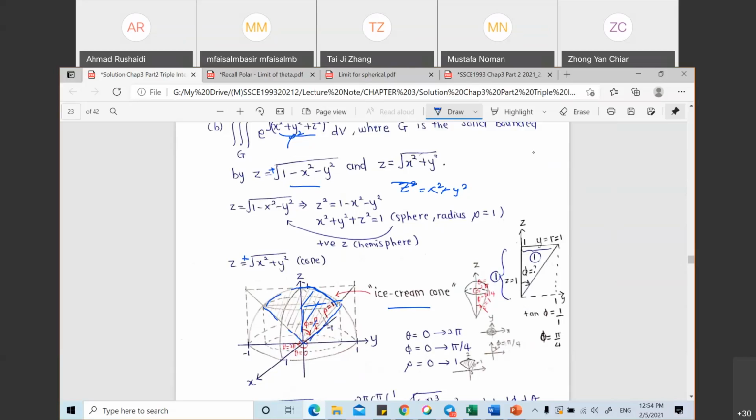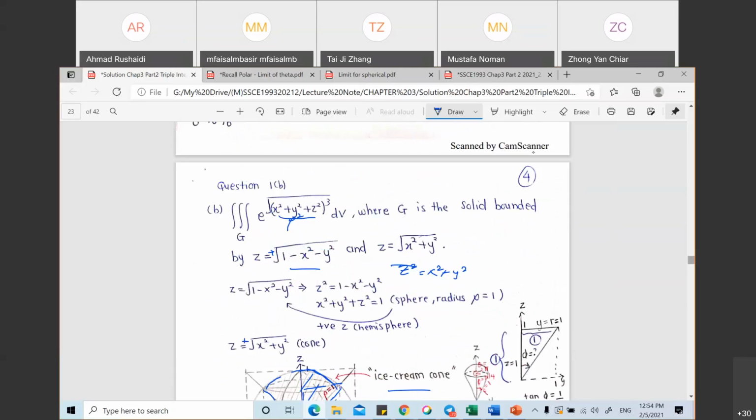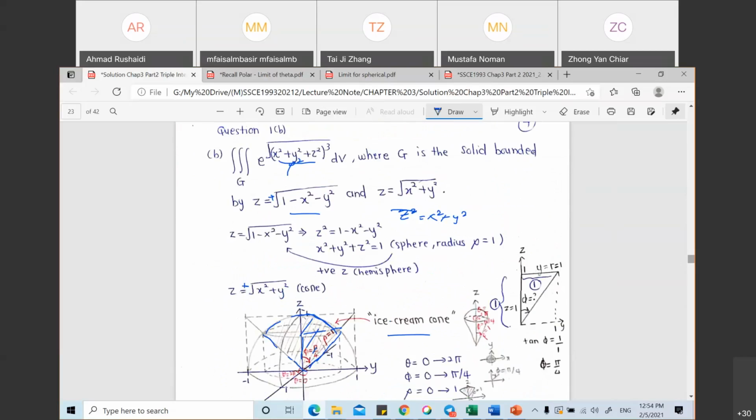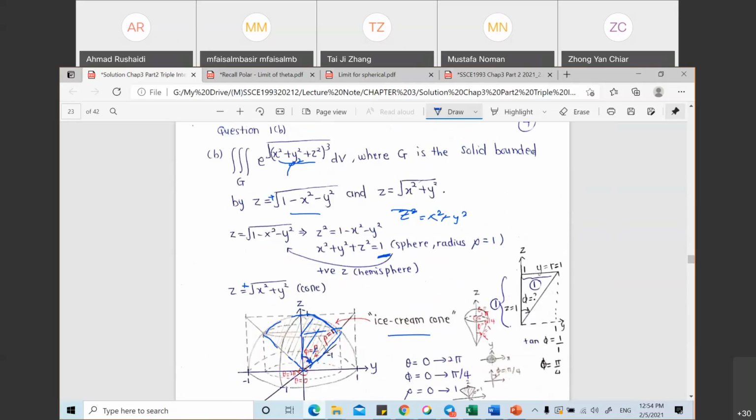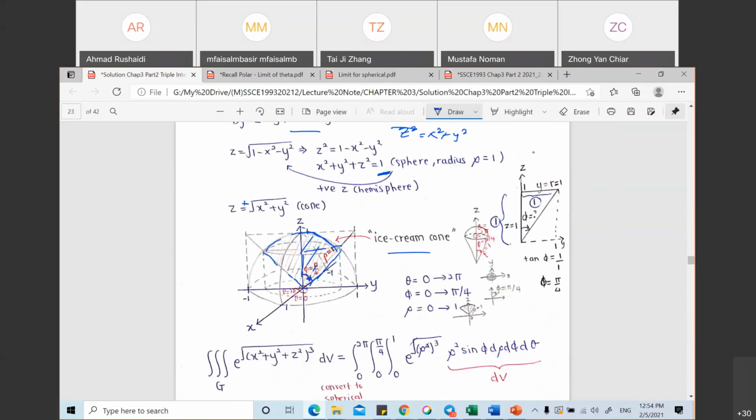So what we can see is your theta is 0 to 2 pi. Your phi is from positive z clockwise until the cone, 0 to pi over 4, which is exactly 45 degrees. You can also find this from the graph, because z is 1.